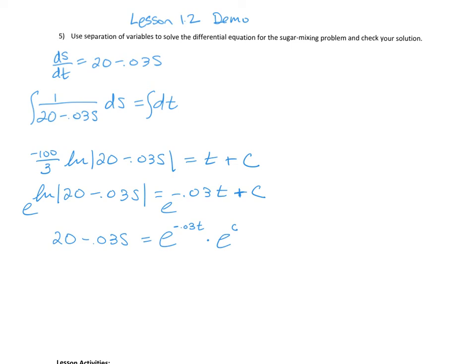Now, e to an arbitrary constant is just a new arbitrary constant. So I'm going to rewrite this as 20 minus 0.03s equals c e to the negative 0.03t.